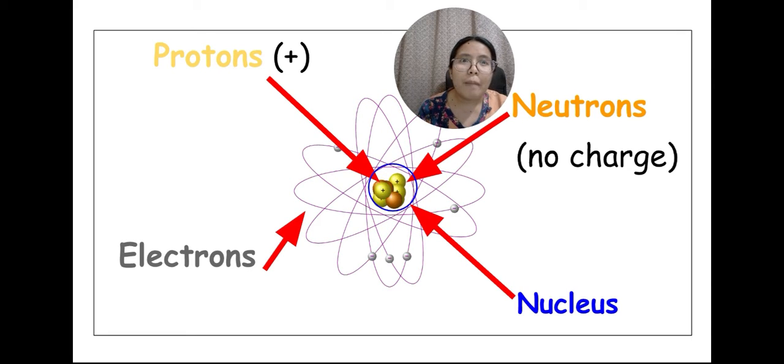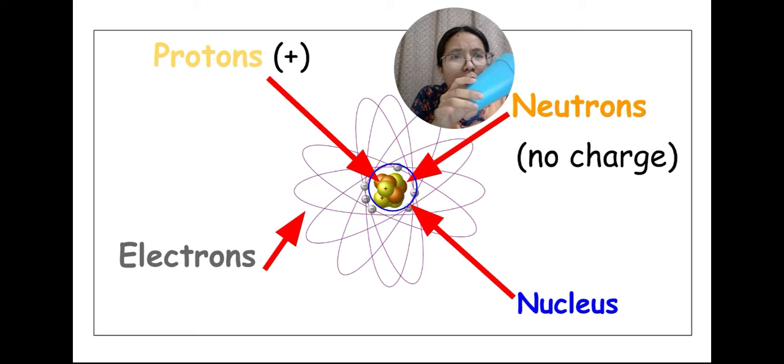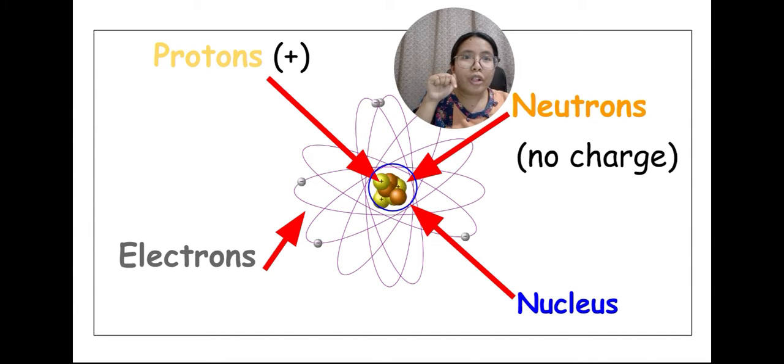So, alam na natin kapag may charge. So, kapag may charge, ibig sabihin may parang kuryente. So, yung mga nasa loob, may parang kuryente, may charge. So, meron tayong protons, P, positive. We have the neutrons, yung nasa loob din. Neutrons, wala siyang charge. So, ibig sabihin, wala siyang kuryente.